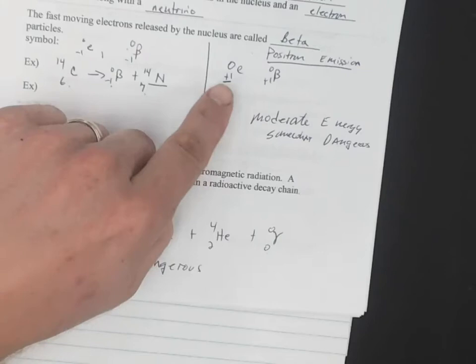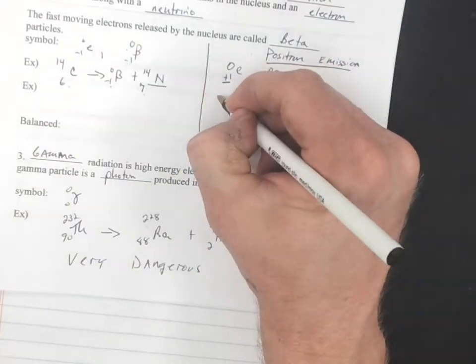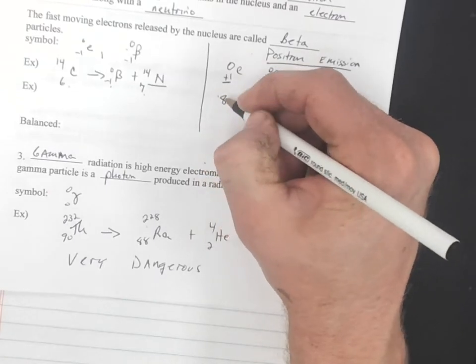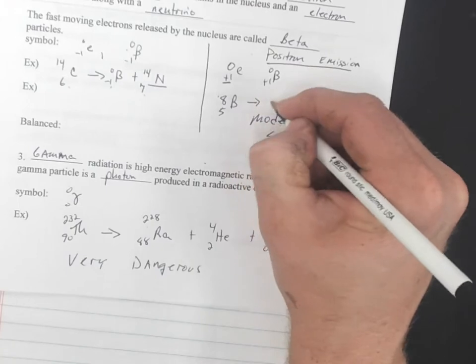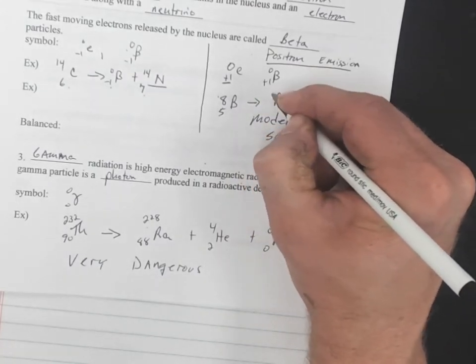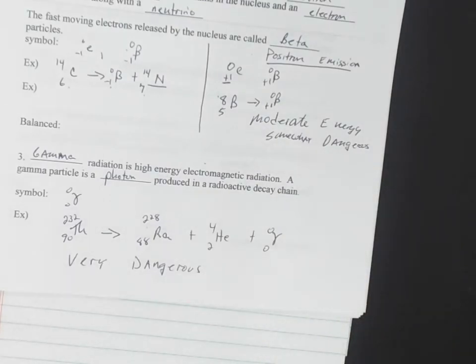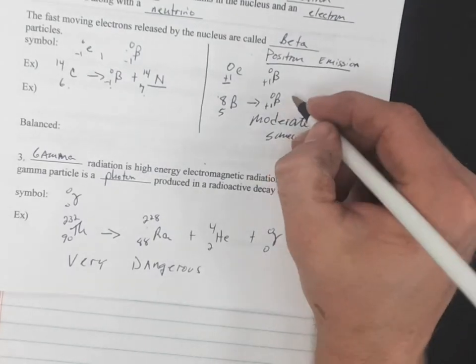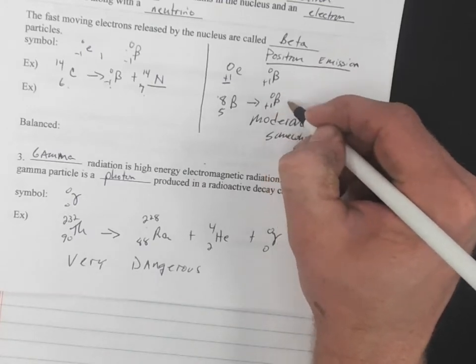A beta particle still has a mass of 0, but it has a charge of +1. If you undergo beta decay, it looks something like this. If you have boron 8,5 and you emit a beta particle, that is, sorry, if you emit a positron, you end up getting 0 positron symbol plus 1.